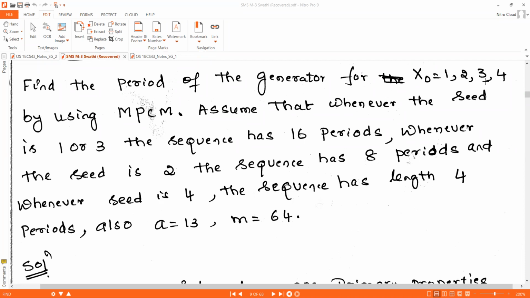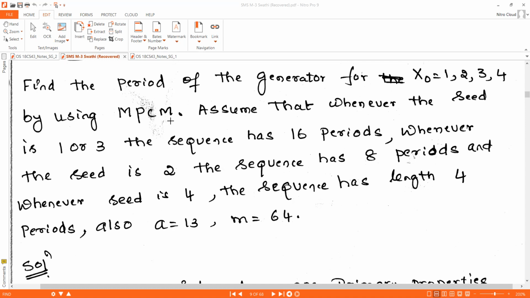Find the random numbers assuming x naught equal to 3. Find the random numbers assuming x naught equal to 4. Okay, by using MPCM, that is the multiplicative congruential method. What does that mean? The multiplicative congruential method is when the C value is equal to 0. So in the equation to find the xi value, what formula will come? The formula will be xi plus 1 is equal to a into xi mod m. There will be no C value in MPCM.